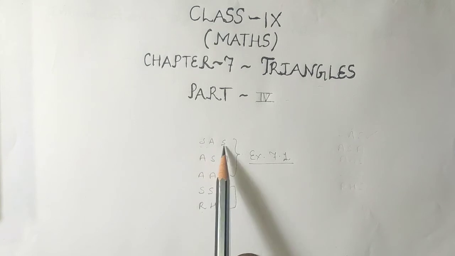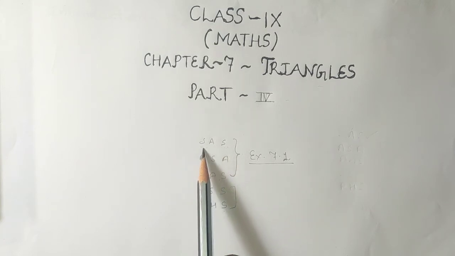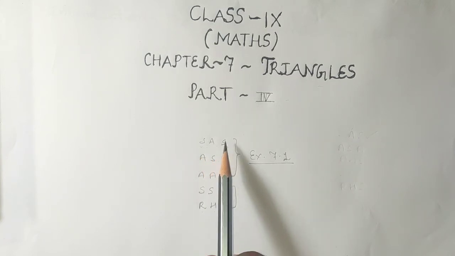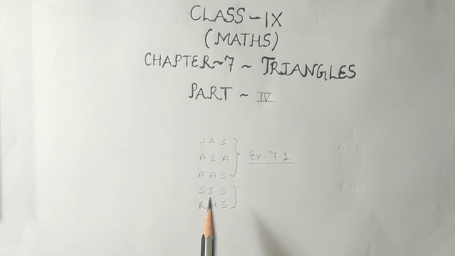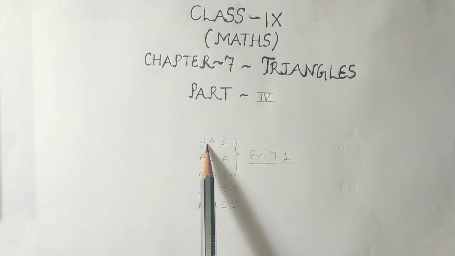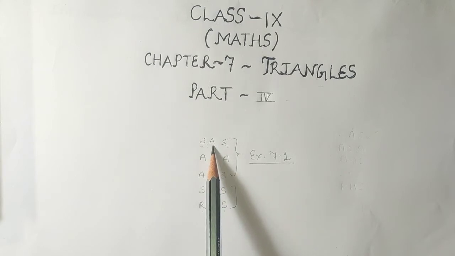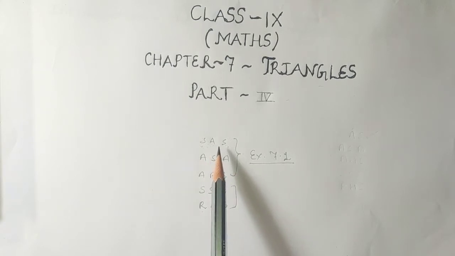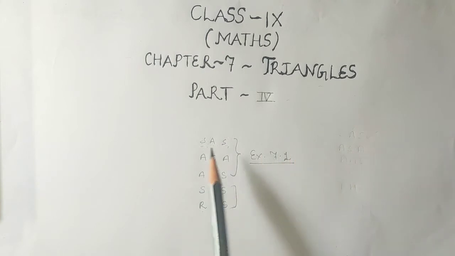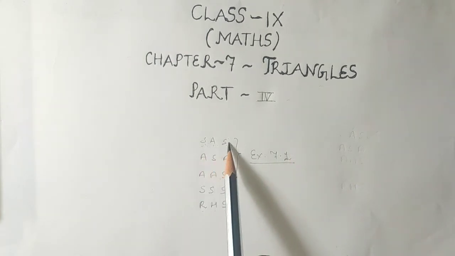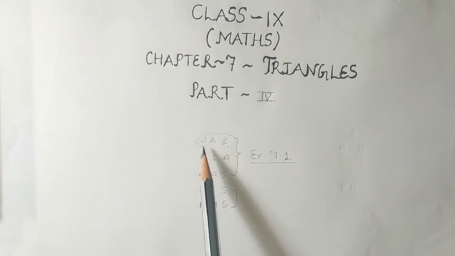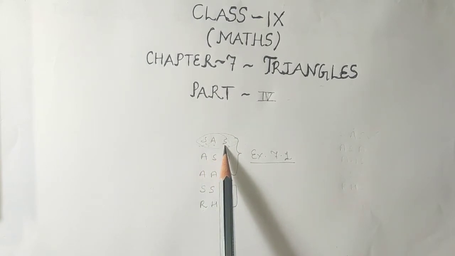In the criteria side angle side, as its name says, two sides and one included angle. So if two triangles are there in which two corresponding sides and one included angle are equal to the two corresponding sides and one included angle of the other triangle, then the two triangles are congruent by the criteria side angle side.